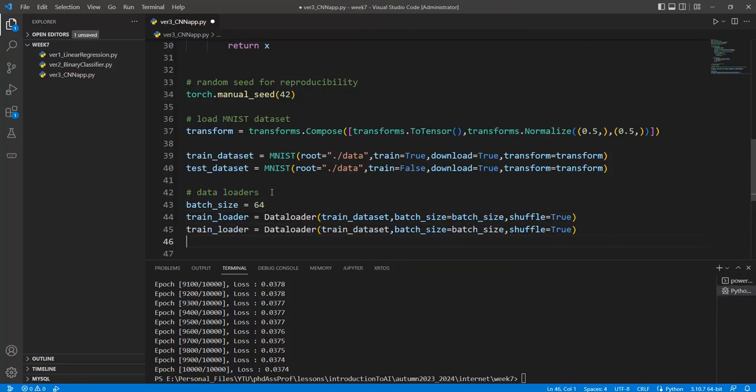Also we need to give the test loader with the test dataset and shuffle false, because we don't need to shuffle the test data, right? But this is DataLoader, with the bigger L, I think.